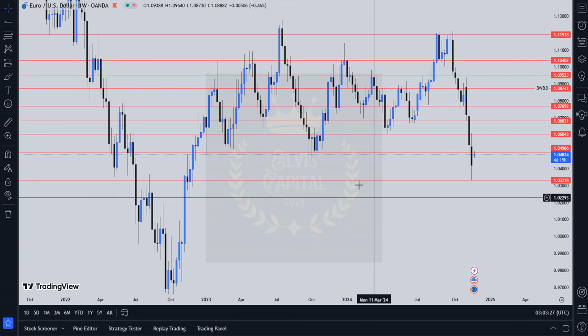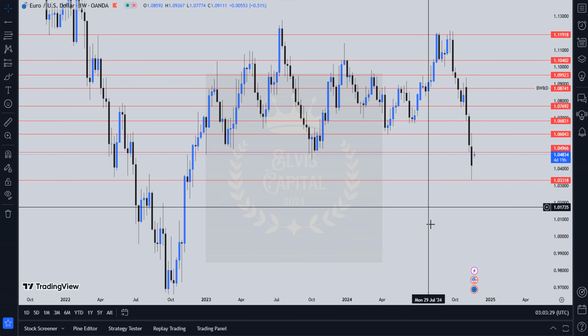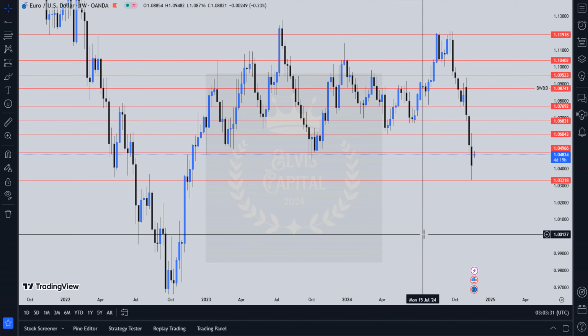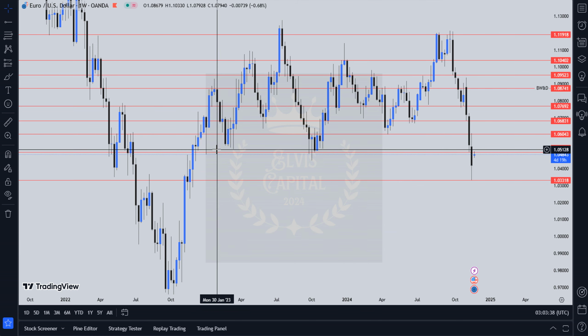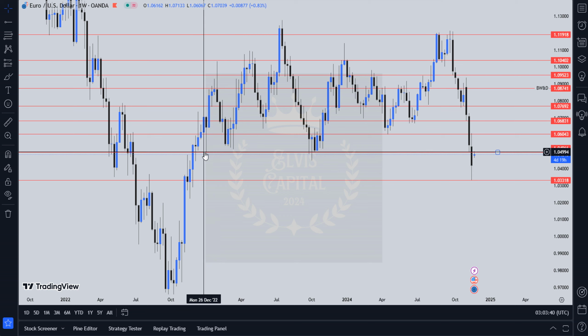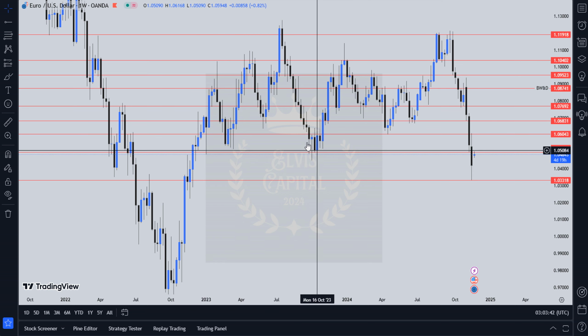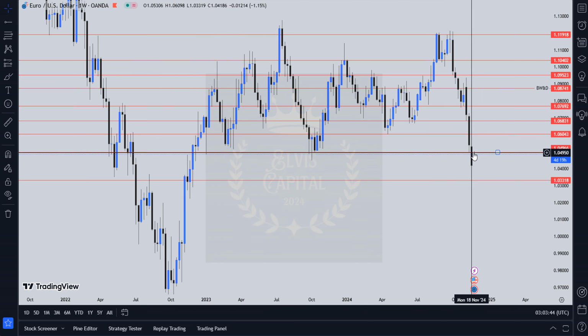As you can see, this level that I talked about, the level of 1.04966, is very important, because from all of the past years, this level has been respected by price, but now last week reached this level.